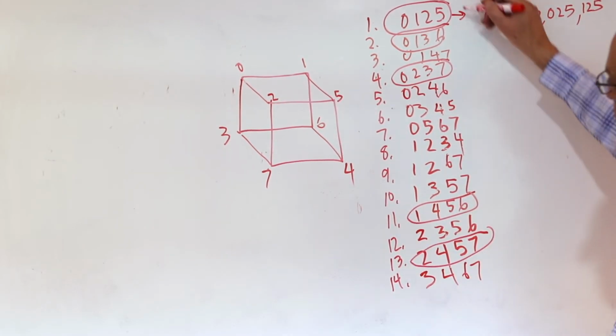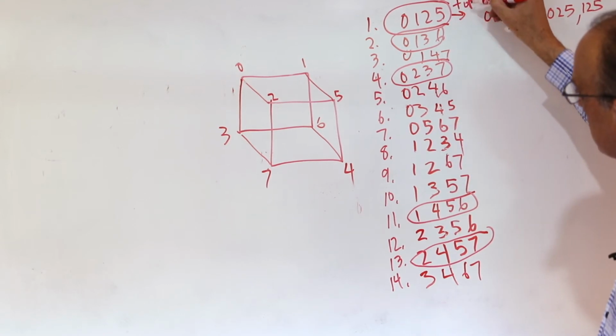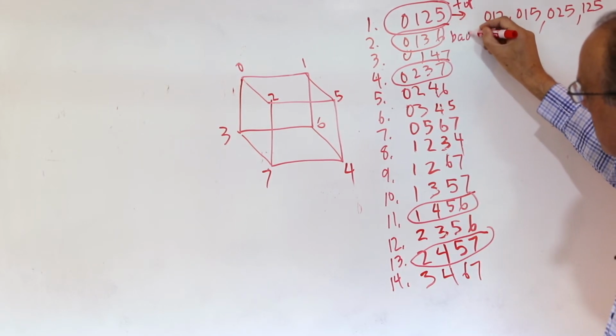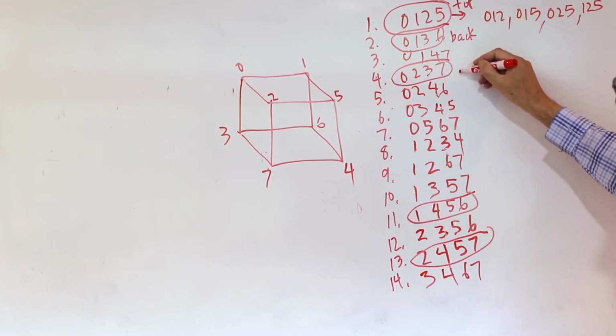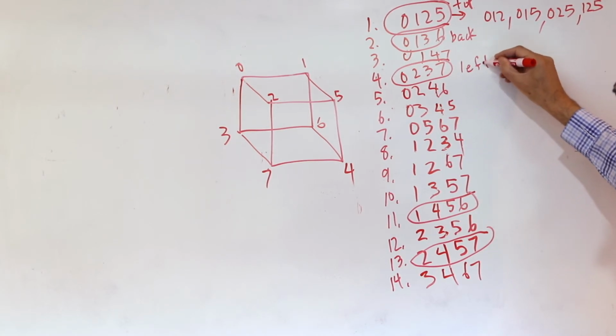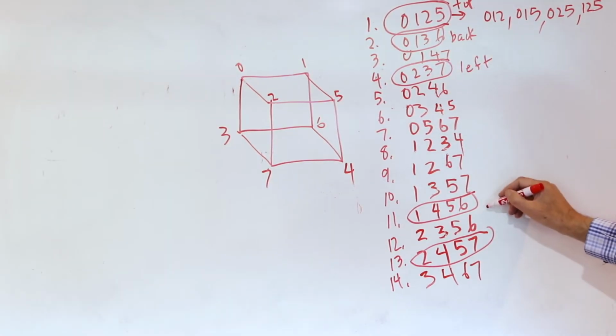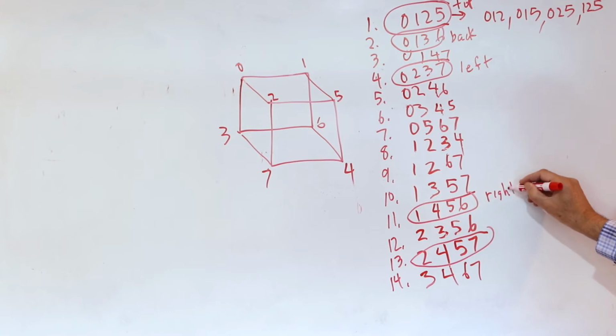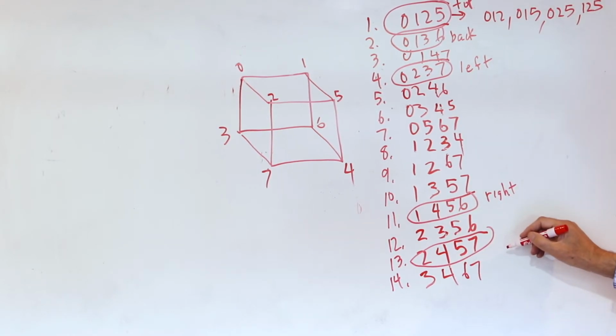So 0, 1, 2, 5, this was the top. And 0, 1, 3, 6, that was the back. 0, 2, 3, 7, that was the left. 1, 4, 5, 6, that was the right. 2, 4, 5, 7, that was the front.